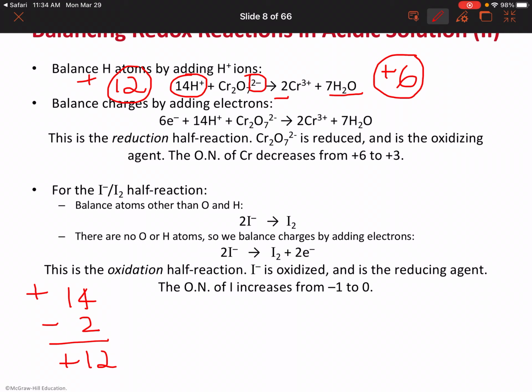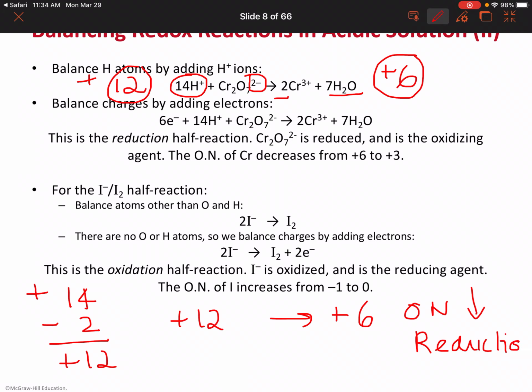Reduction means it has gained electrons. How many electrons has it gained? You are going from plus 12 to plus 6. If the oxidation number decreases, that's a reduction.